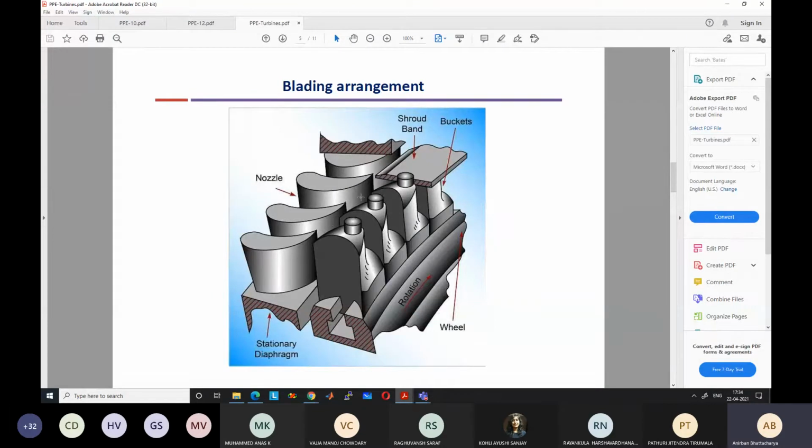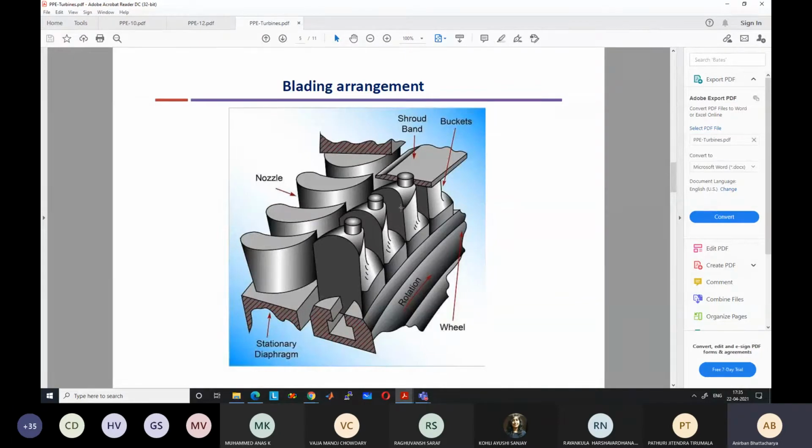Keeping in mind that the rotor blades are rotating, you have to consider the relative velocity, so that the flow angle enters the rotor blades smoothly. Then it moves around the rotor blade passage and goes out in the other direction. This change in the direction of the flow results in a change in momentum in the direction of rotation, and this change of momentum transfers energy to the blades.